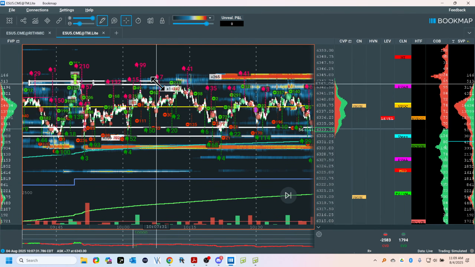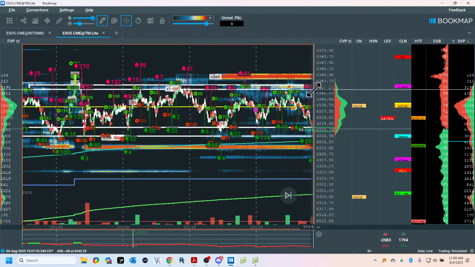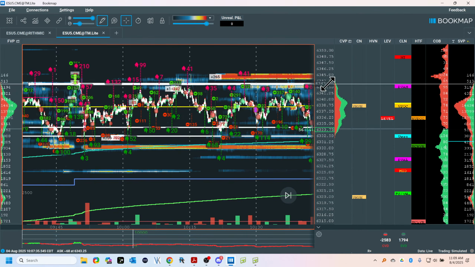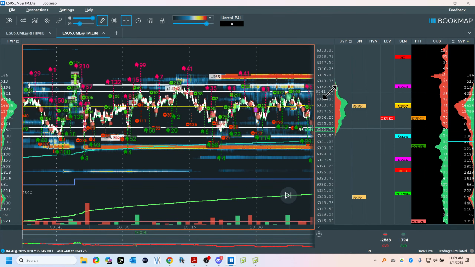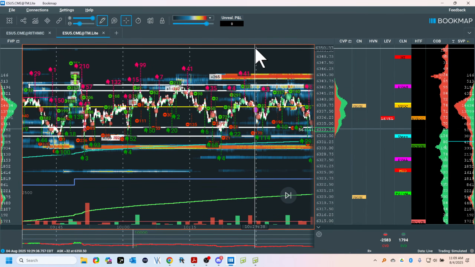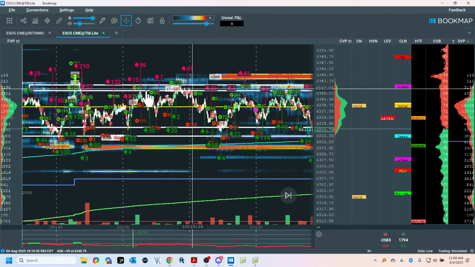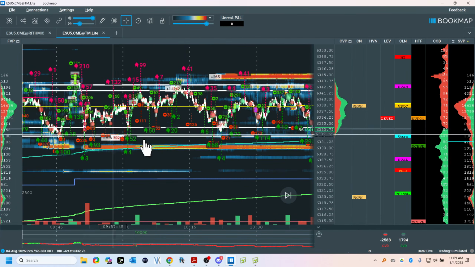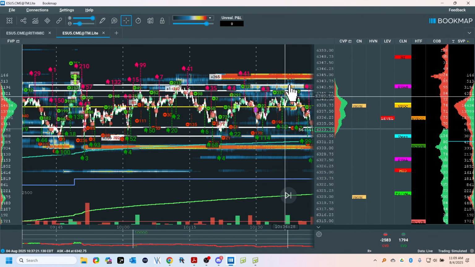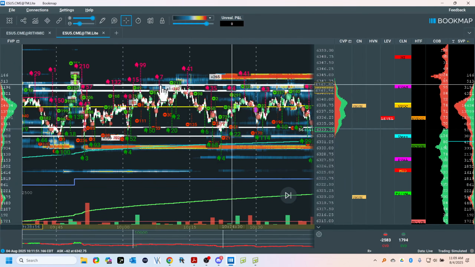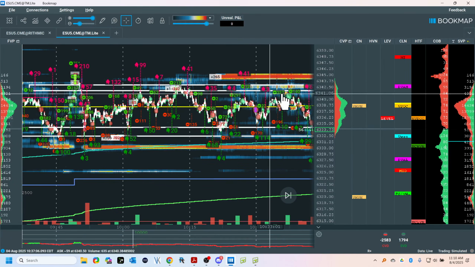So if I understand, it's a little hard to do when they're this thin. I think this is about something like this. Resistance, support, resistance, you see? Now this comes in. Now right here, this can be a problem, okay?